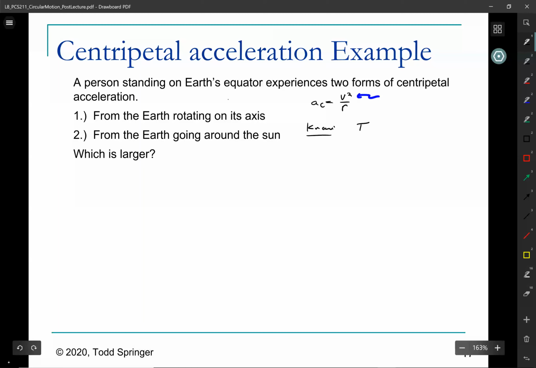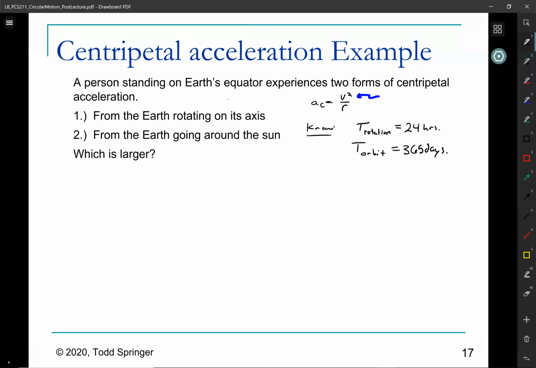So let's call the period of rotation of the Earth, we do know how long it takes the Earth to go around. That's 24 hours. And we know the amount of time that it takes the Earth to go around the Sun, how long is it? Hopefully you know. Call it the period of the orbit, that's 365 days.